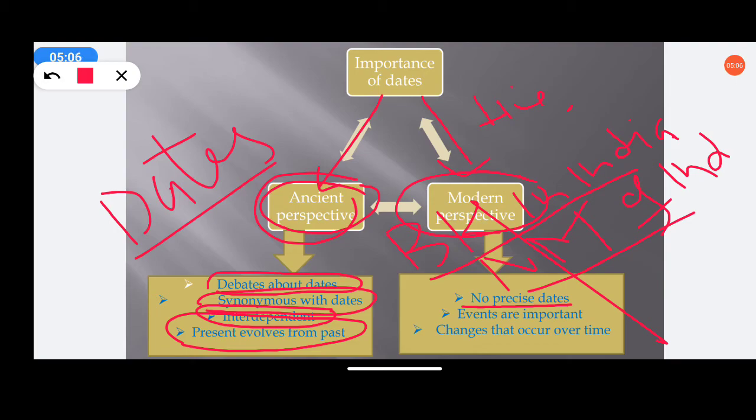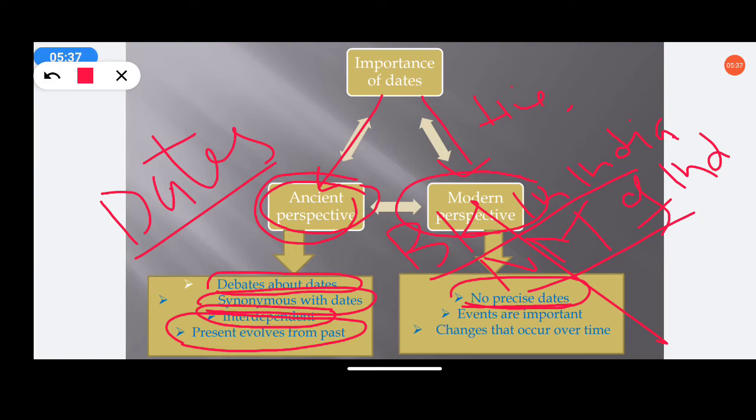It took centuries for the national leaders of India to unify the Indians and to start a unified struggle against the colonial rule of the Britishers. So these are the events which took place over a longer period of time. So we won't be able to give precise dates to these events.